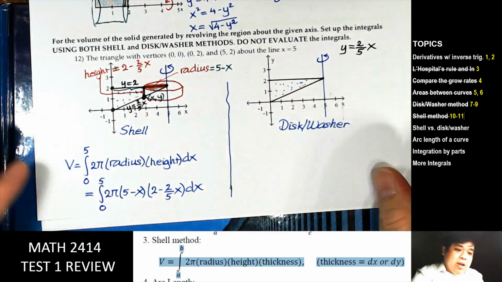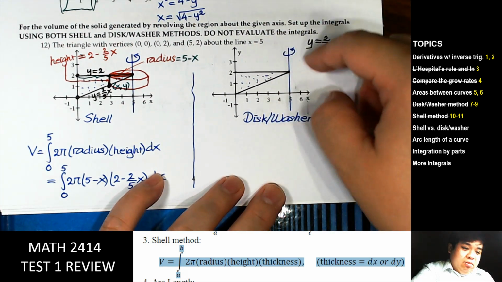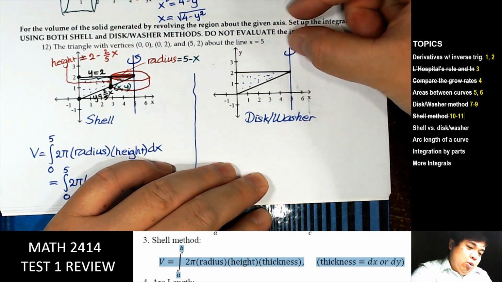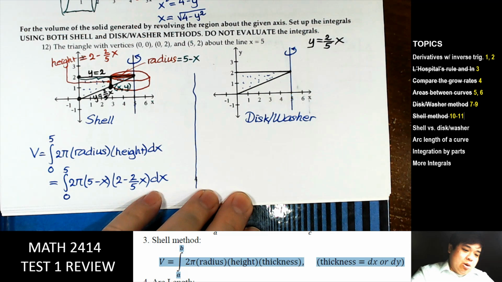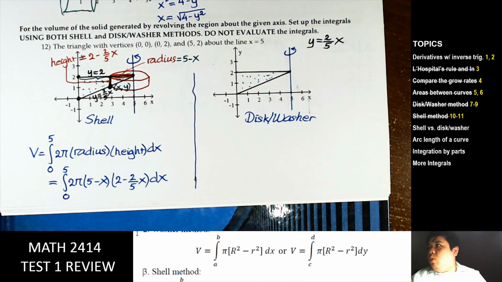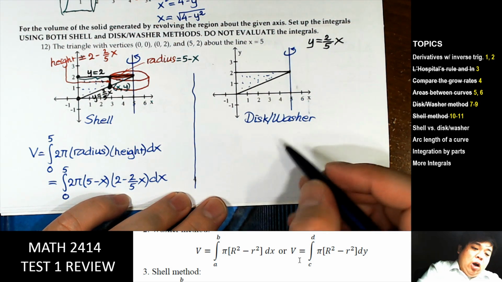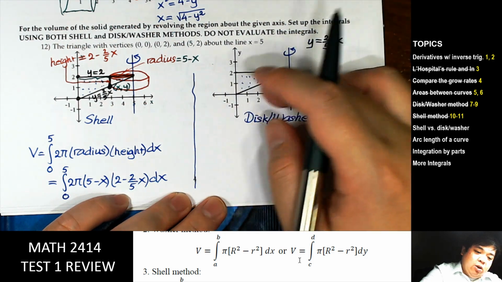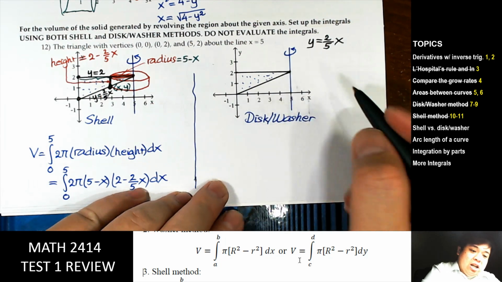Leave that there. The disk or the washer method. Now if the axis of rotation is this, and we're going to stack either dx or dy parallel to it, if we choose this, it is going to be dy. Now notice since it rotates like this, we're going to have the hollow region of the triangle here, because when we rotate this triangle we have nothing, so there is a hollow.